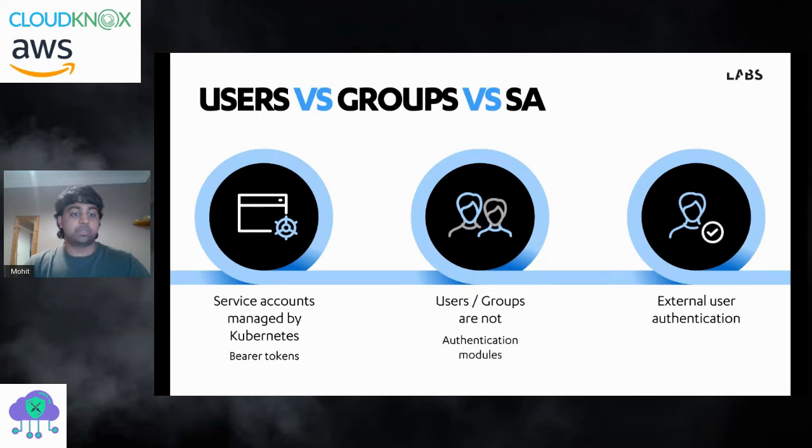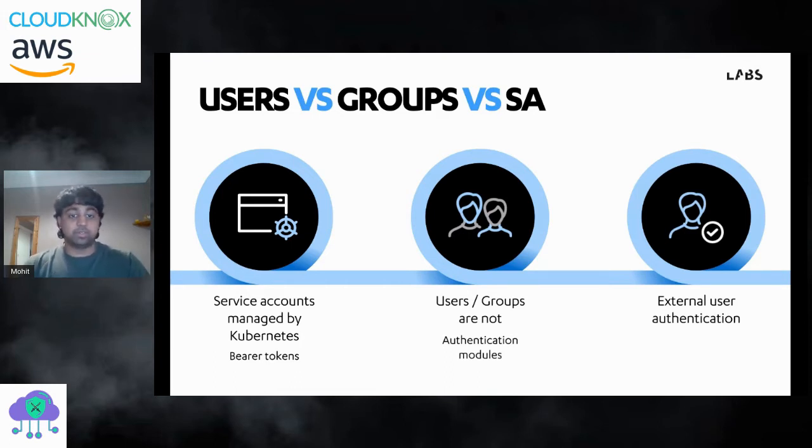The users and groups are not managed by Kubernetes and are typically left to some sort of external service, with authentication modules within Kubernetes providing access to those authentication mechanisms, so it can authenticate users, and it trusts those third-party systems to be correct and just follows it.